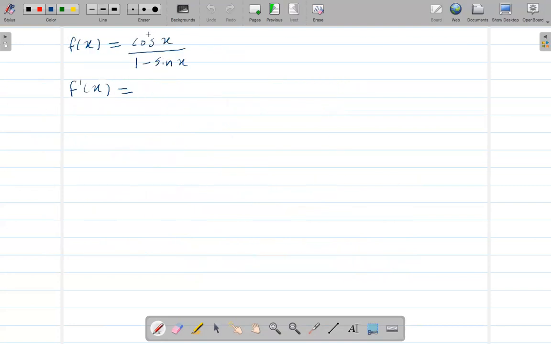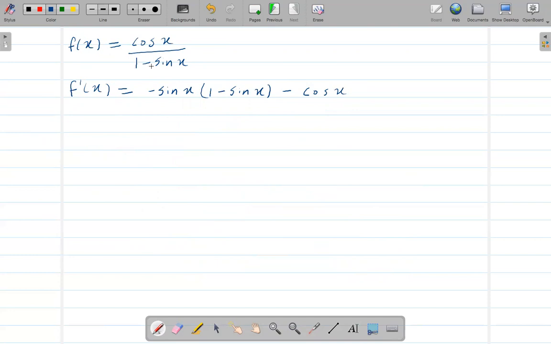First let's take the derivative of the numerator. The derivative of cosine is negative sine x, and the denominator stays the same, and then minus. The numerator stays the same, and we take the derivative of the denominator.